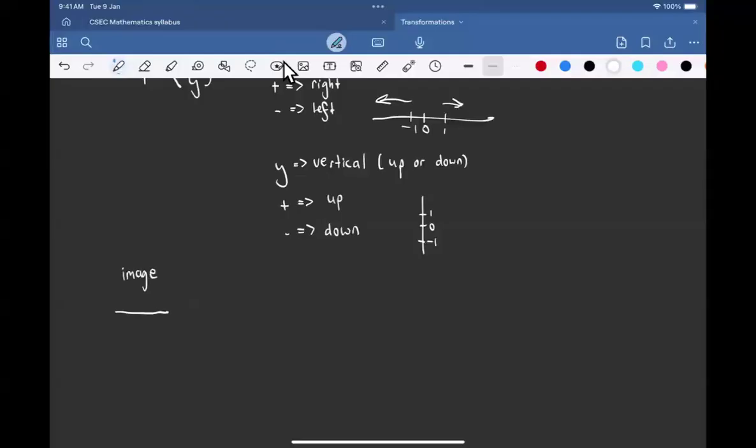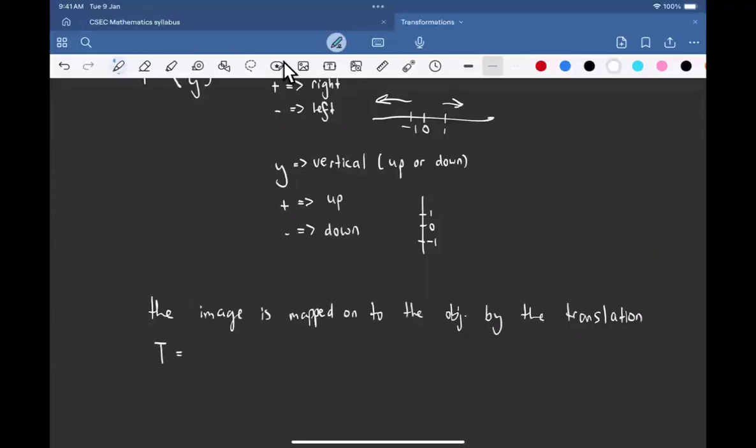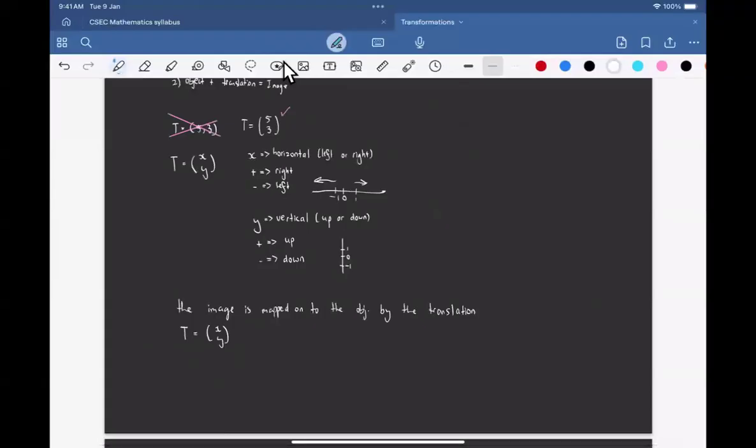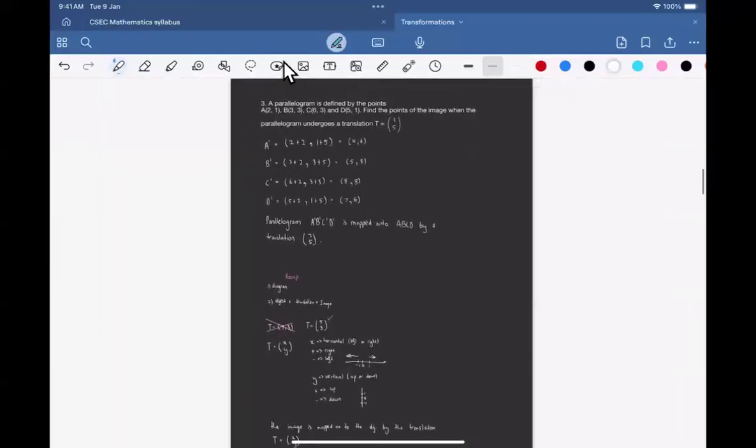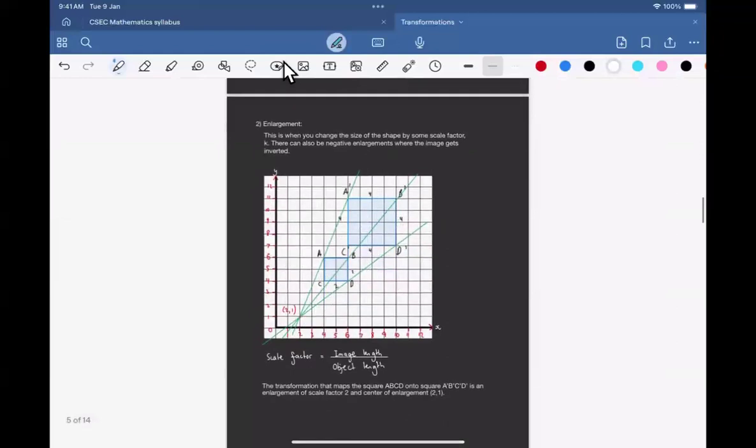The image is mapped onto the object by the translation T equals (x, y). And that's just a general statement. Obviously, you swap it out for the relevant information. But that's just the translation. Presume everybody is good with that.